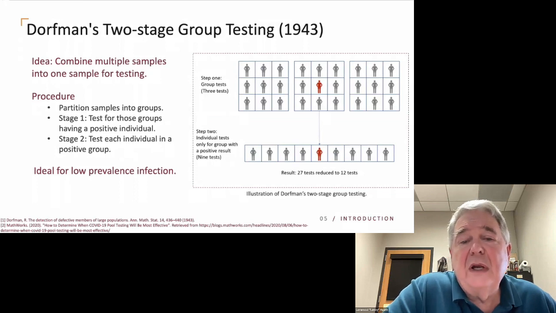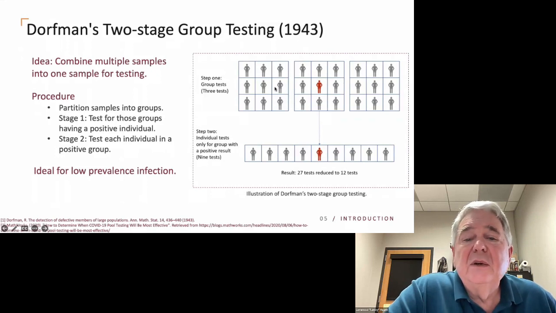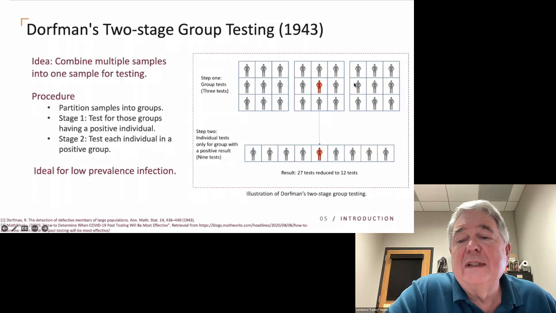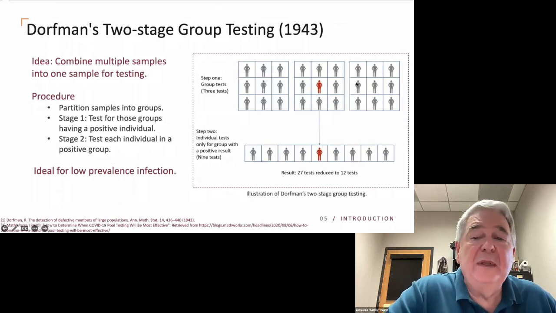So if you look on the right, there's 27 people divided into 3 groups. So each group only requires one test. And if nobody was infected, that would be it.